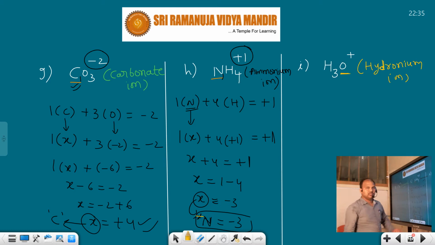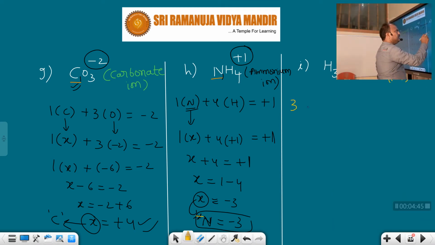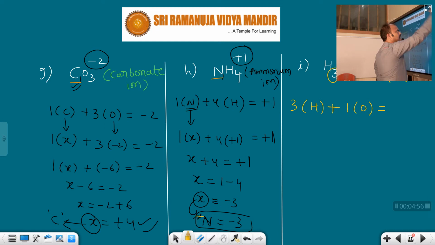First of all, how to do it? Rules to determine the oxidation number values: the sum of the oxidation numbers of all atoms in a given compound should be equal to its charge. How many hydrogens are there here? Hydrogen 3. How many oxygens? One oxygen is present in it. So 3 hydrogens and 1 oxygen should be equal to its charge +1.